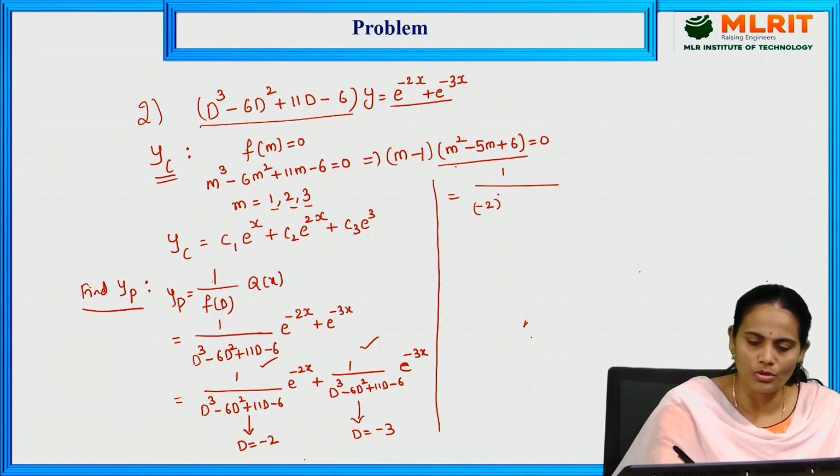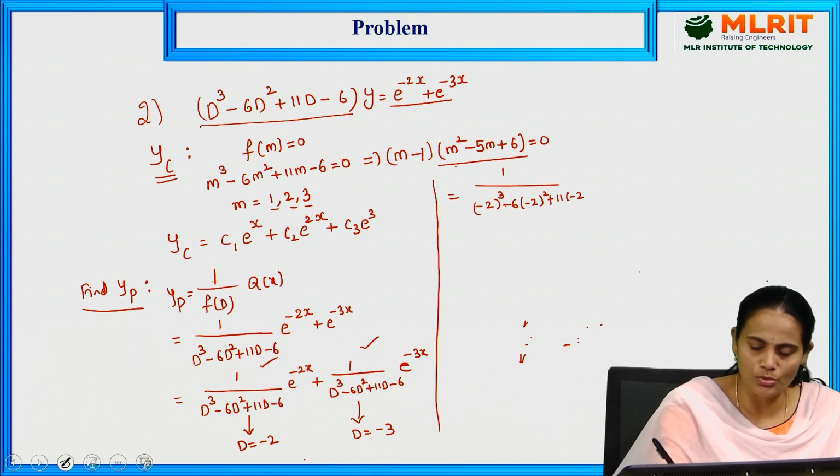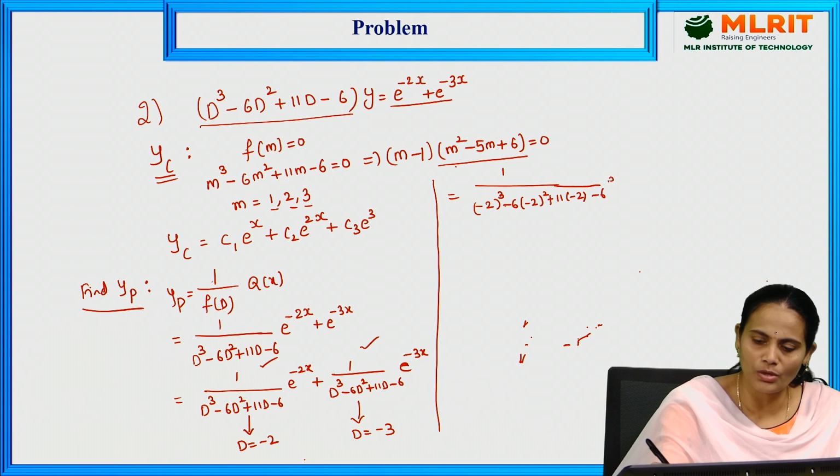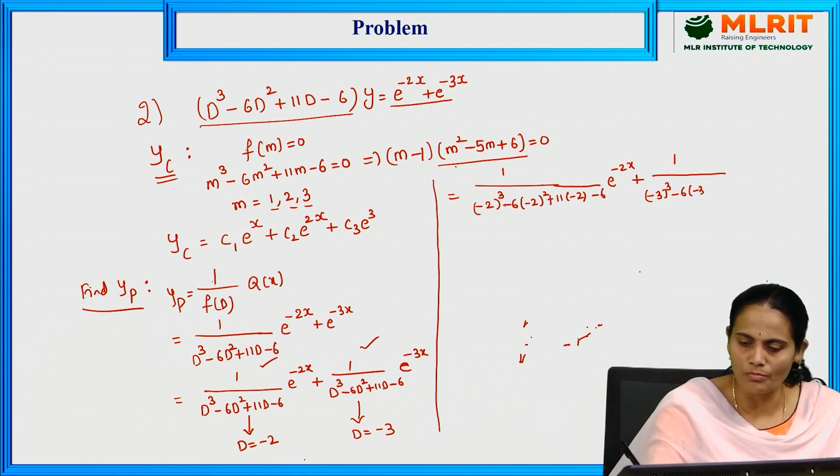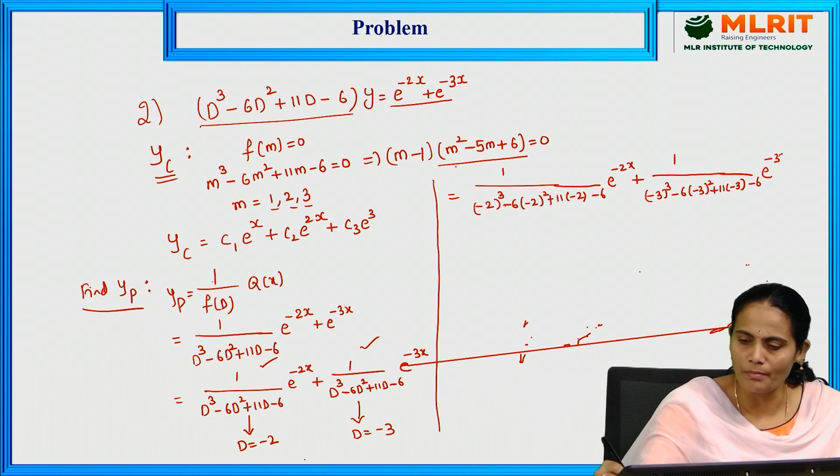So 1 by (minus 2 whole cube minus 6 into minus 2 whole square plus 11 into minus 2 minus 6) into e power minus 2x, plus 1 by (minus 3 whole cube minus 6 into minus 3 whole square plus 11 into minus 3 minus 6) into e power minus 3x.